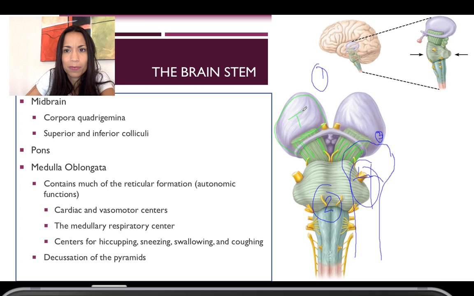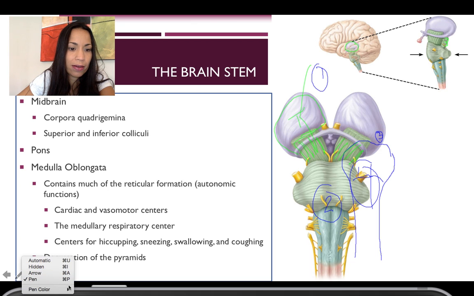The thalamus. So it connects the midbrain of the brainstem with the thalamus and with the rest of the cerebrum. Not just that, but it also has in the posterior aspect the corpora quadrigemina that I just showed you in the phone app.